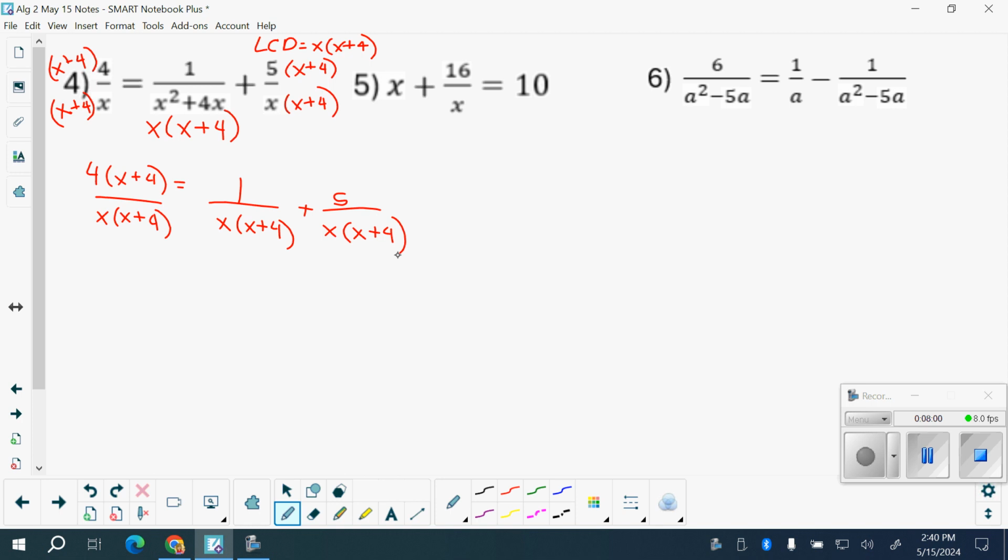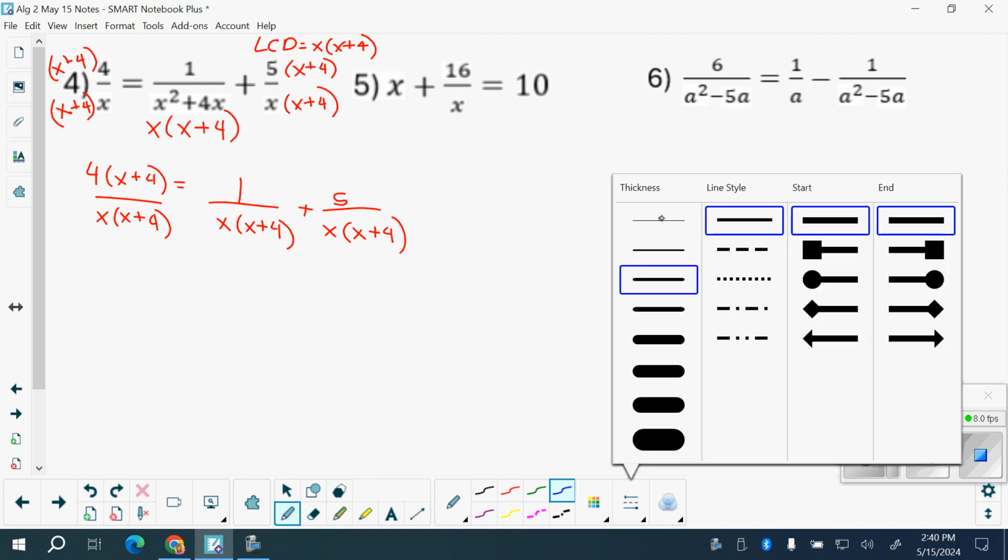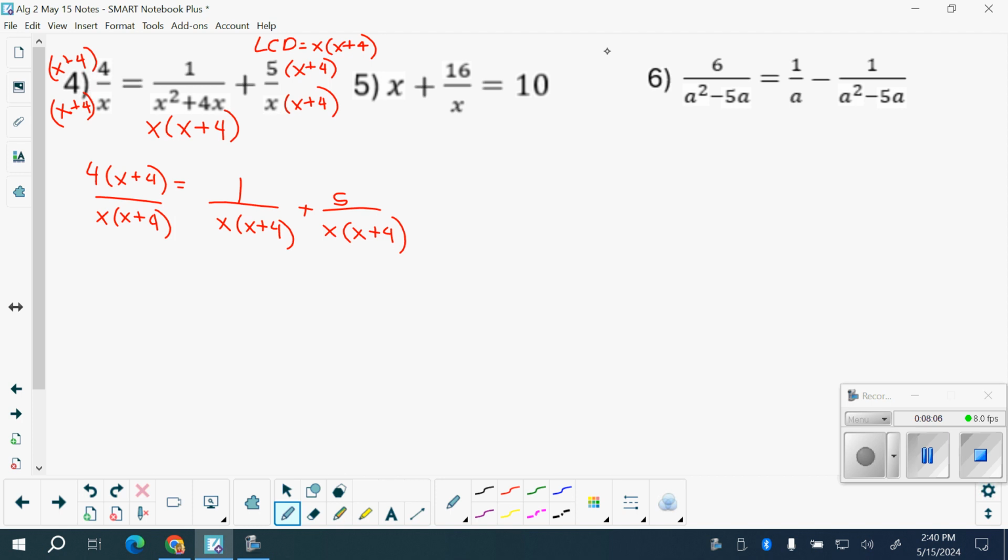And then my next step. What's the next step on this? Multiply by that least common denominator, the x times x plus 4, on both sides.